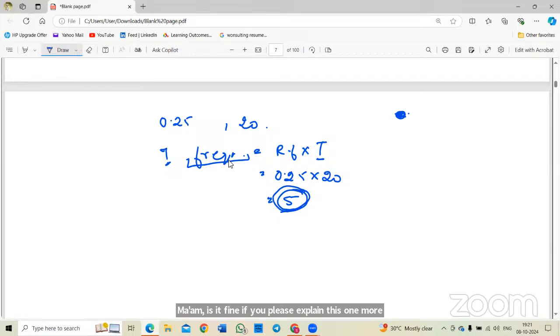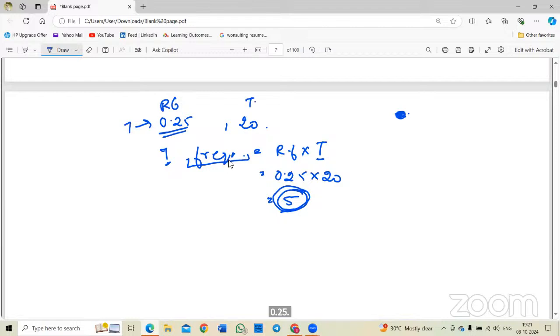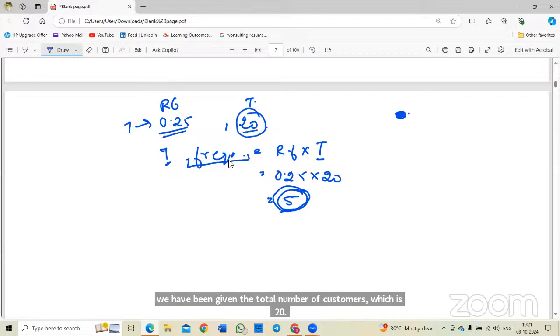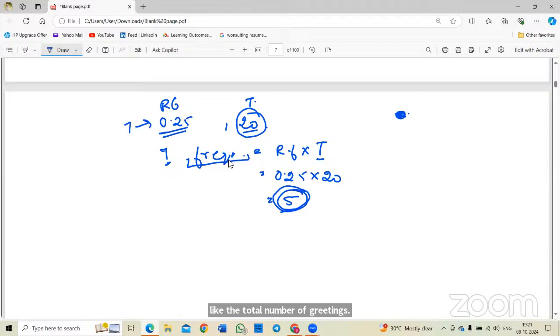Yeah. See, it is given that the relative frequency of 7 is 0.25, and we have been given the total number of customers, which is 20. Yes, ma'am, the total number of ratings. So by the formula of relative frequency, we can calculate the frequency.